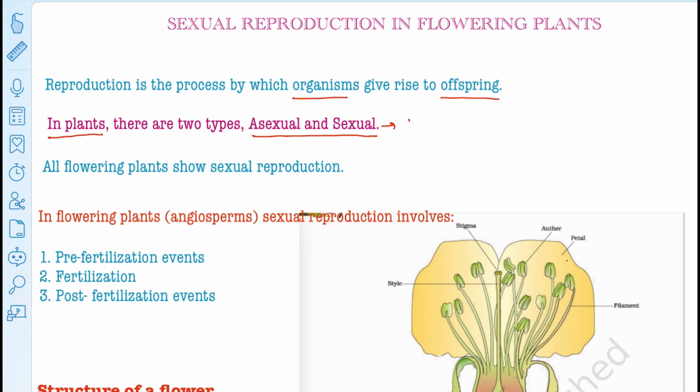In which both male and female gametes are present. In plants, only some have the specialized characteristic to produce offspring by sexual reproduction, and they are known as flowering plants or angiosperms.